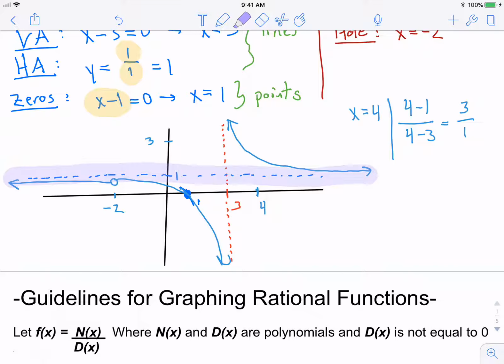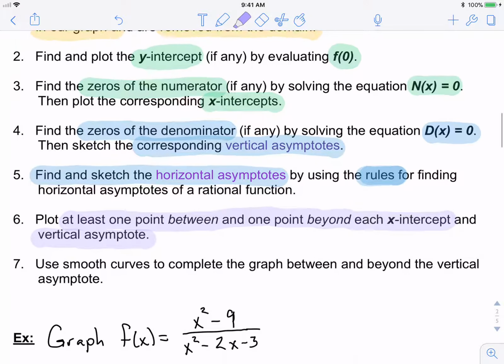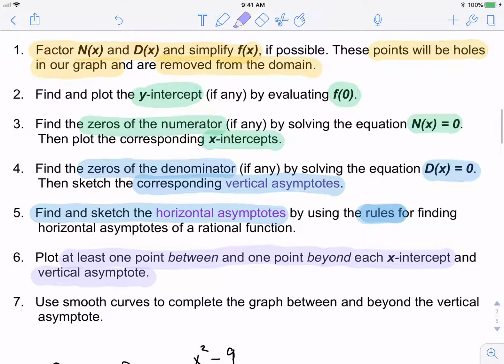If I'm above the horizontal asymptote, then I need to be going up to infinity, because I'm not really allowed to wiggle back and forth between this horizontal asymptote like crazy. Once I have all of these points in place, the last step is simple. We simply use smooth curves to complete the graph, and we draw some nice pictures like we did above.